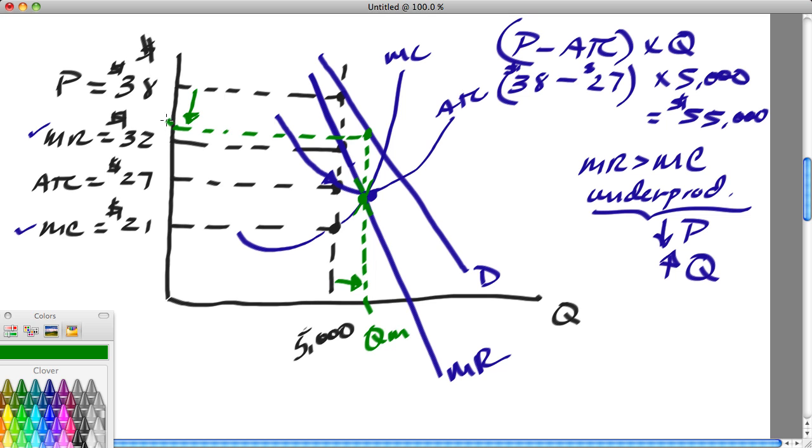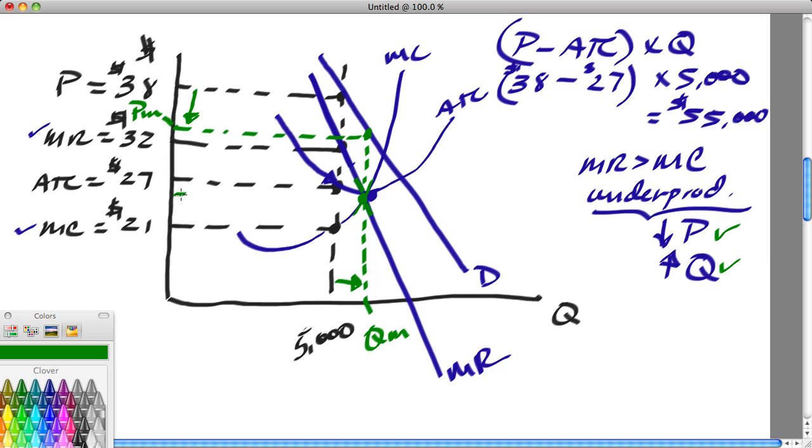You go, monopolies never lower their price. Myth. Monopolies are happy to lower their price if that means greater profits. Okay? There's a lot of mythology out there. You're unlearning some of this. So we would expect the monopoly to lower its price and raise its output rate to maximize profits.